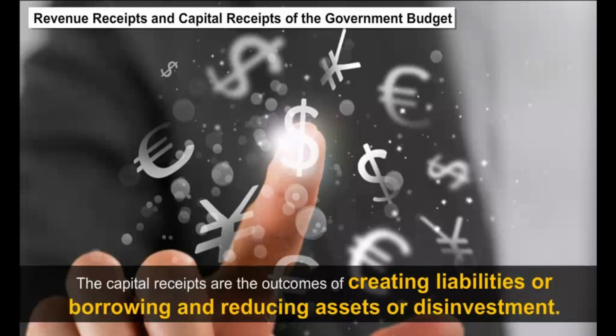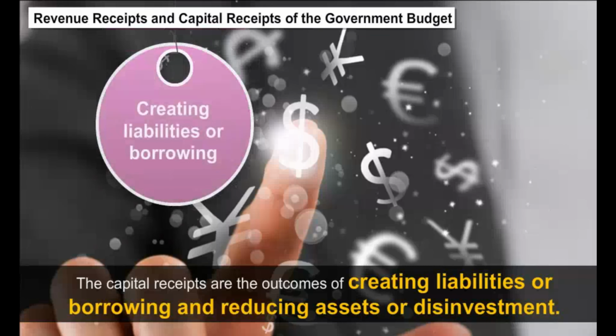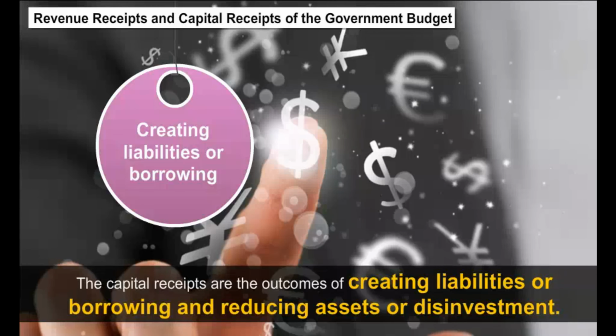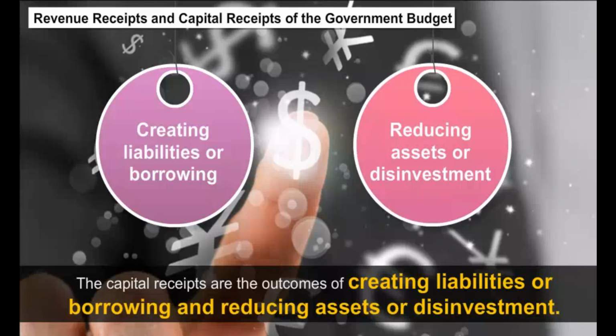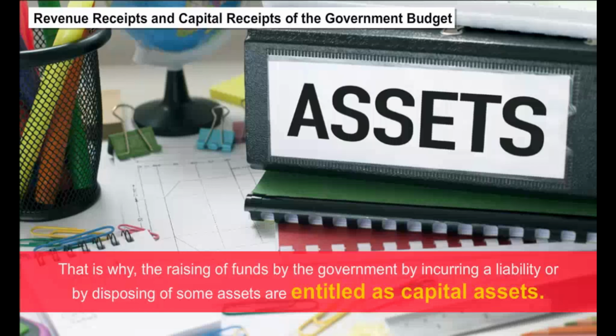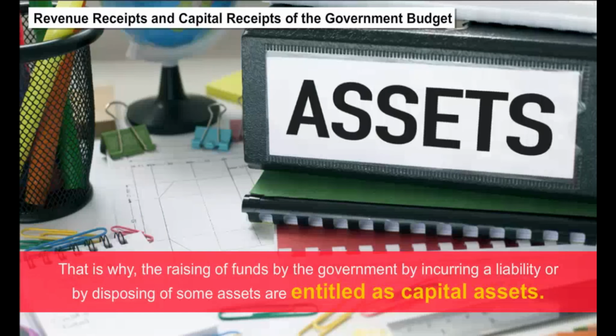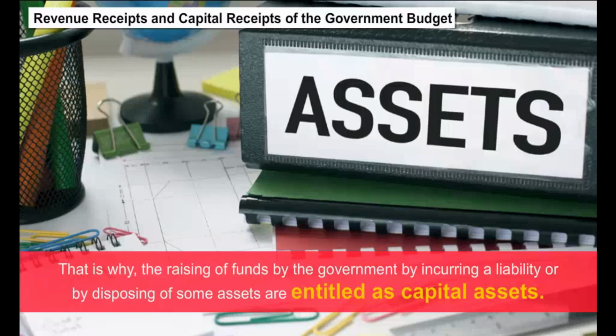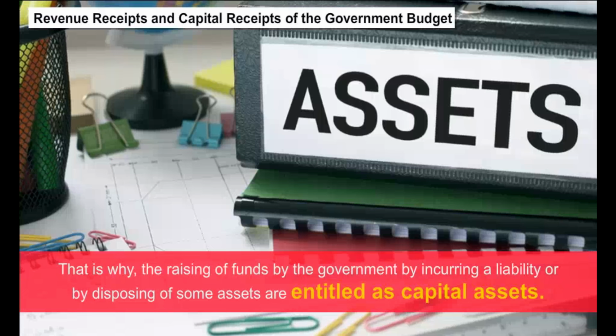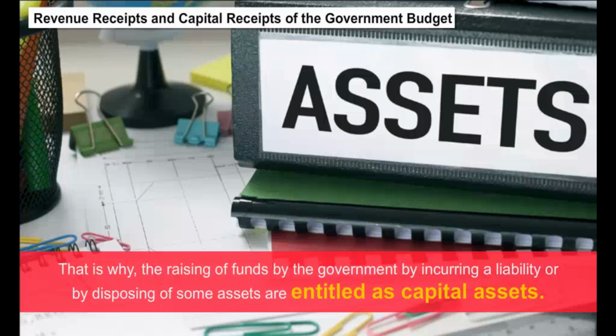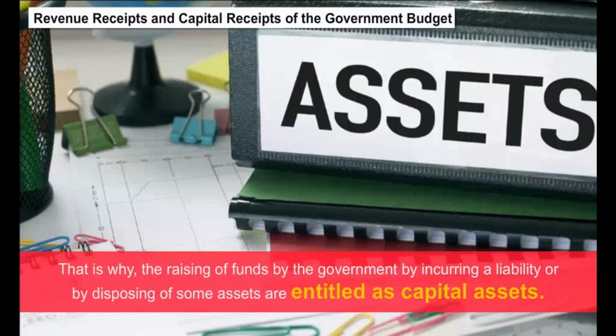The capital receipts are the outcomes of creating liabilities or borrowing and reducing assets or disinvestment. That is why the raising of funds by the government by incurring a liability or by disposing of some assets is entitled as capital receipts.